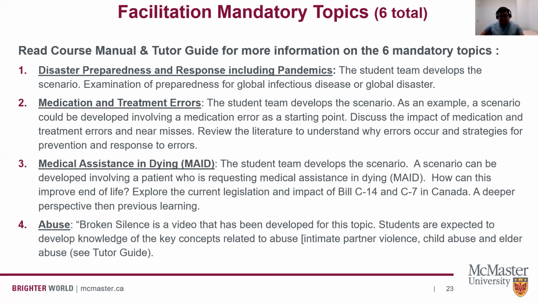The second is medication and treatment errors. Now, I think there's a little bit of a misnomer here. While we are looking at medication and treatment errors, we're not looking just at the error. We are looking at the overall broader picture.